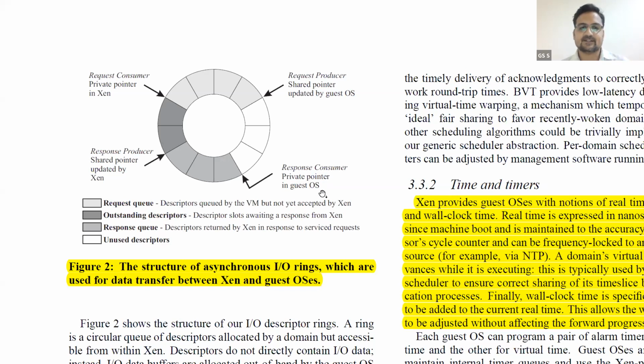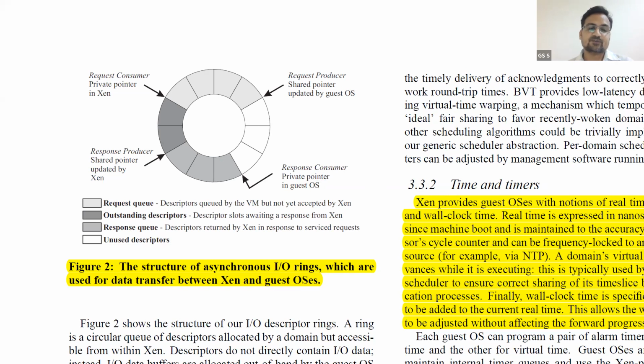Let me simplify this. There are 2 pointers which are shared between guest and Gen. But each of these pointers can be managed by either Gen or the guest operating system. Right? These pointers are shared in nature. So there are 2 entities which can see them, but only one of them can update it. Yes.